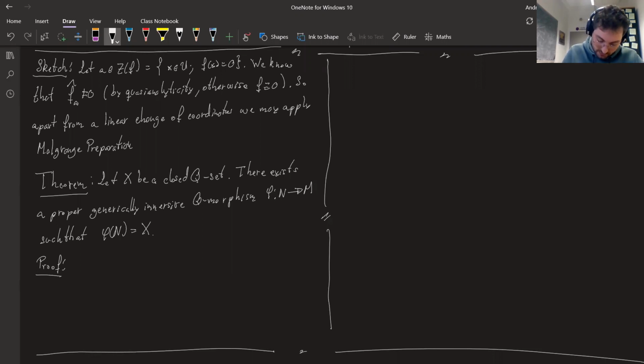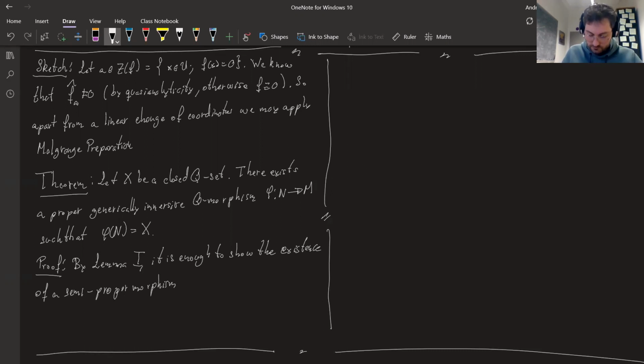So by lemma 1, it is enough to show the existence of a semi-proper morphism satisfying the other conditions.